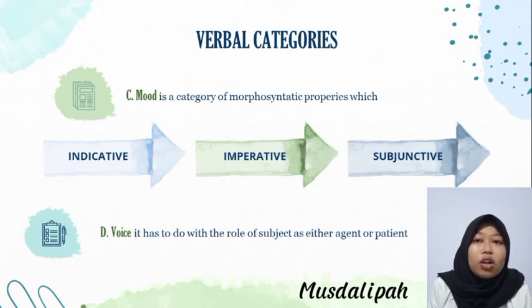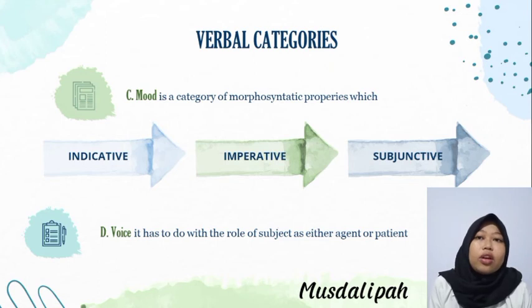Richards et al. in 1995 state that mood is a set of contrasts which are often shown by the form of the verb and which express the speaker's or writer's attitude to what is said or written.